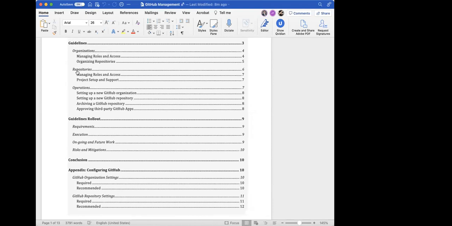But if you look under repositories, I also have managing roles and access. Then under project setup and support, this was more around security. Somewhere down at the bottom, we also talk about how you configure GitHub, and this is where I go deep into what you need to do for each setting. I split it into required and recommended.